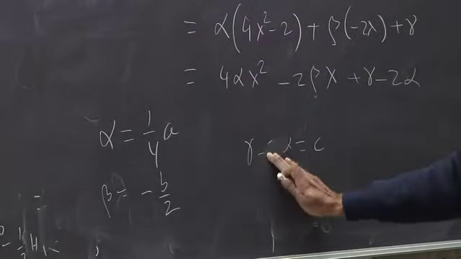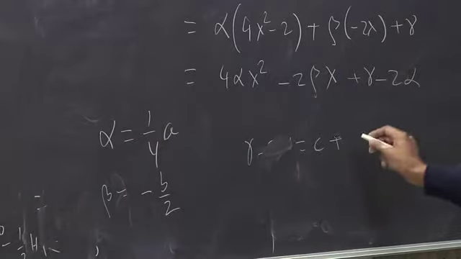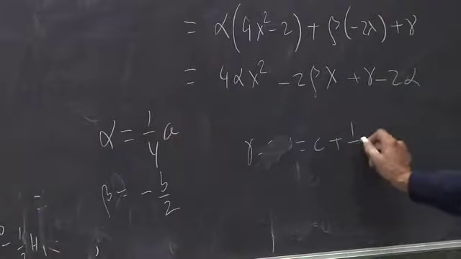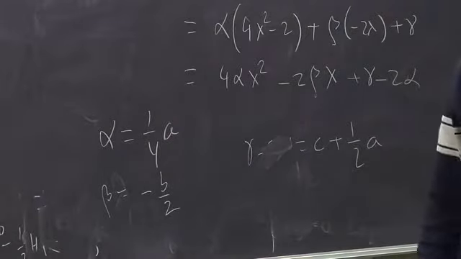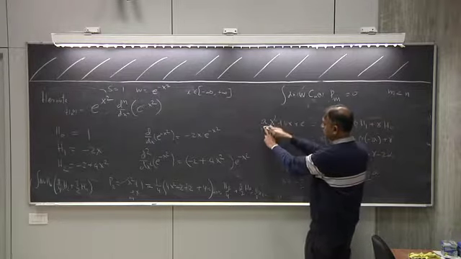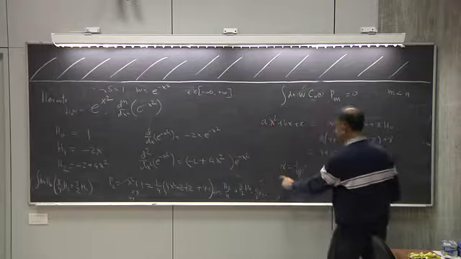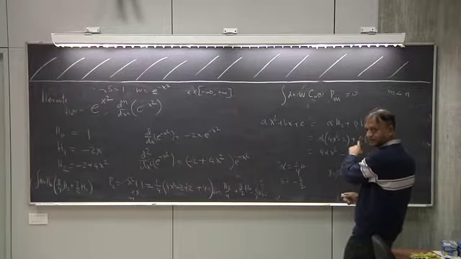So gamma is c plus 2 alpha, but alpha is that, so 2 times that, which is 1/2 of a. So you see, once you specify a polynomial, which means you are giving a, b, c, I can determine alpha, beta, gamma here.